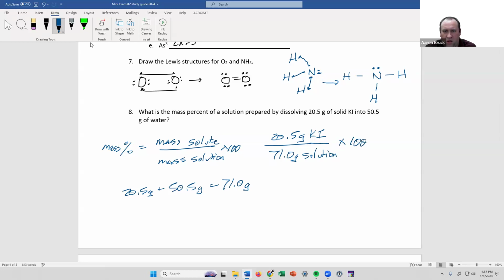Multiply that by 100. 20.5 divided by 71.0 times 100. Three significant figures would be 28.9% KI.